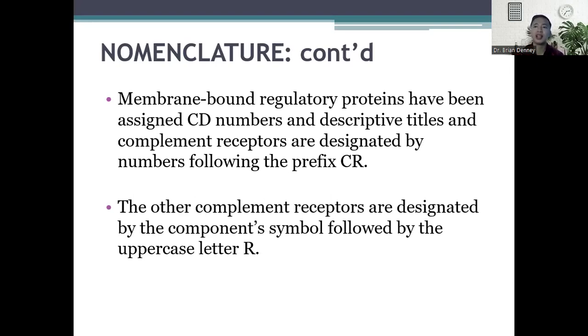So C3R, C4R. What is the term for your C4 receptors? C4R. C3 receptors, C3R. So you just add the uppercase letter R, signifying that that is now the receptor for that specific complement component.